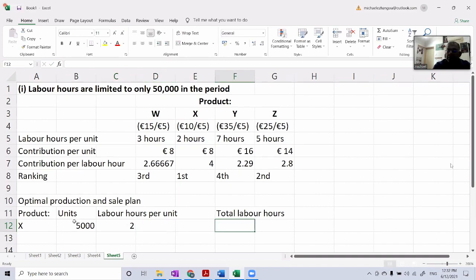So 5,000 times 2 is 10,000. Rank number 2 is Z, 5,000 units. And hours is 5 times 5, 25,000.